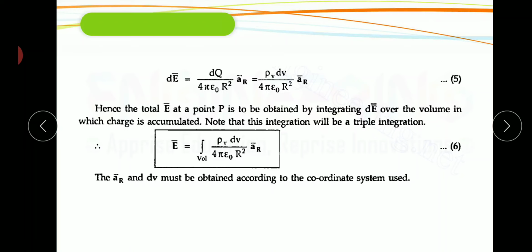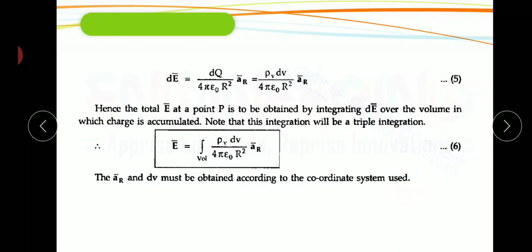Thus by knowing the values, that means ar bar and dV, and also depending upon the coordinate system, this formula also changes. So by substituting the coordinate system variables, we can find the electric field intensity in the three coordinate systems also.